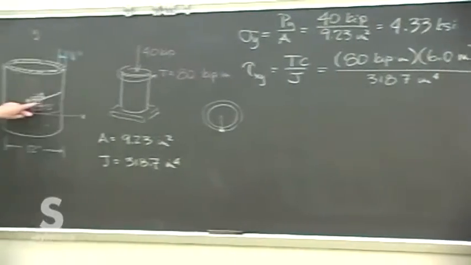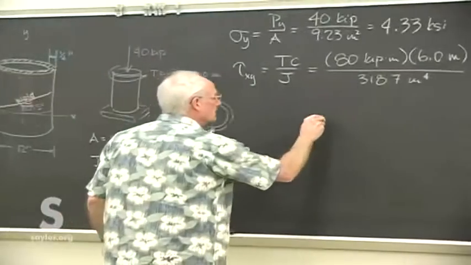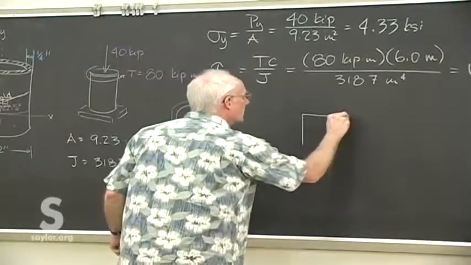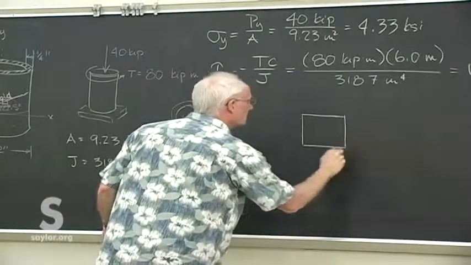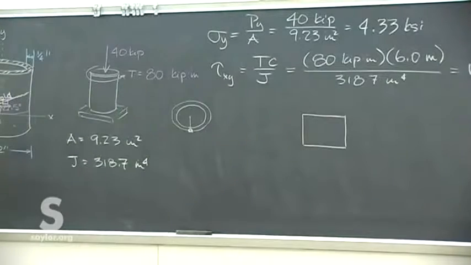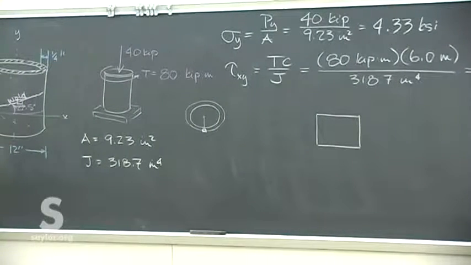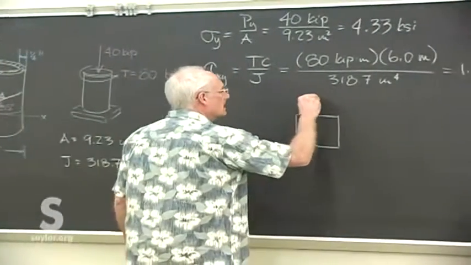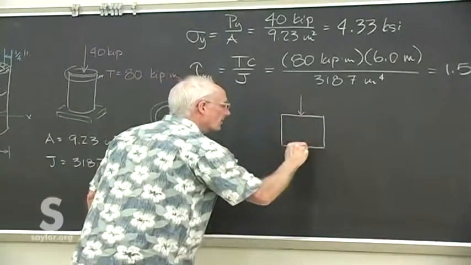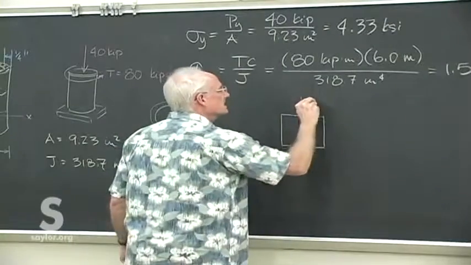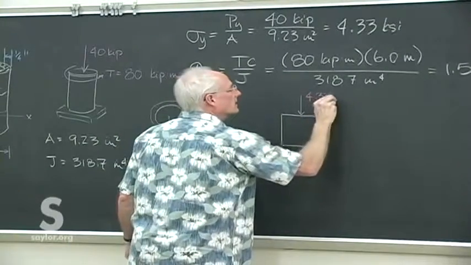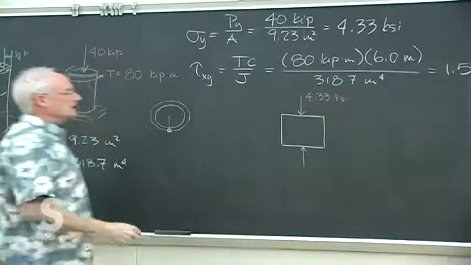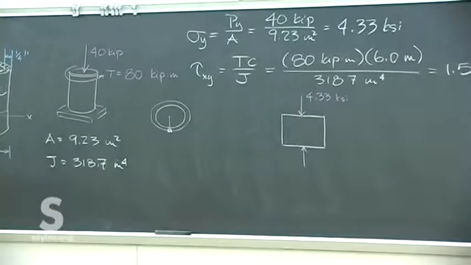And so now we can draw our little elemental piece. We're originally lining it up in the direction of the loads and the piece itself. We know it's going to have a compressive normal stress of 4.33 KSI in the y direction.